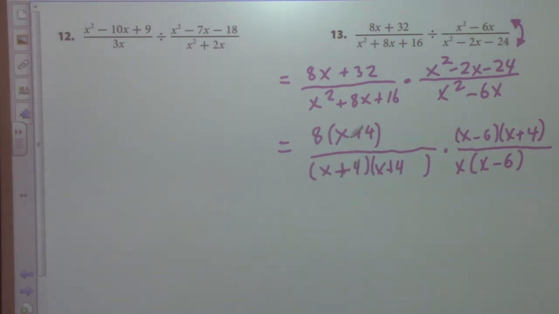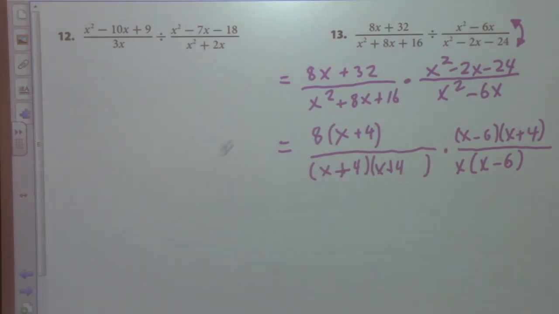Let me give you a clue. You do this one up here, you say x plus 4, you ask yourself the question, wouldn't it be nice if one of these things down here happened to be x plus 4? And if you don't have an x plus 4 down here, then you would hope this over here factors to x plus 4. Because you're looking for opportunities to reduce.